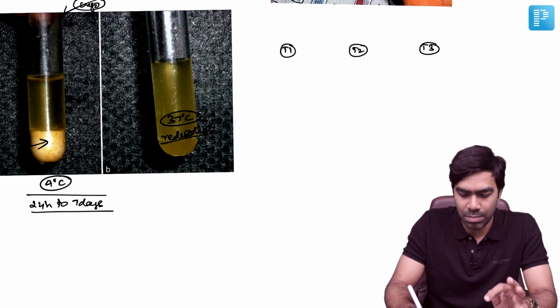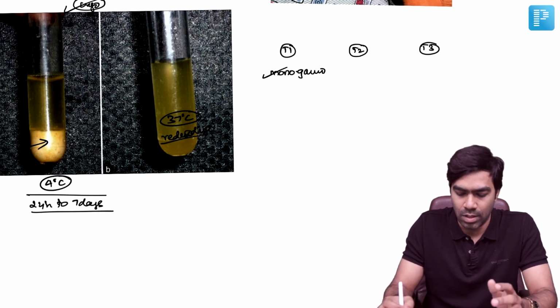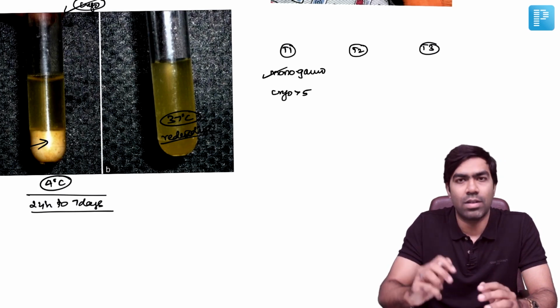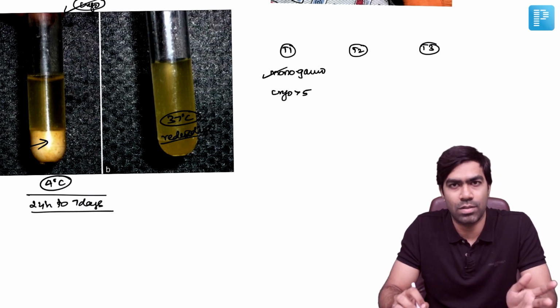Type 1 typically happens in patients who are having monoclonal gammopathies like MGUS or Waldenstrom's macroglobulinemia or multiple myeloma. Remember, the cryoglobulin levels will be very, very high, more than 5 milligrams per deciliter. And it's easy to pick up these cryoglobulins.